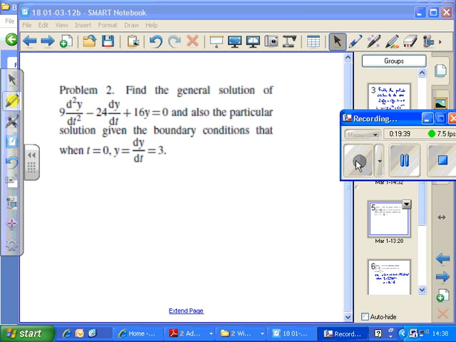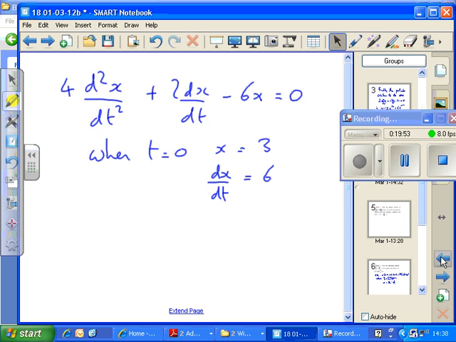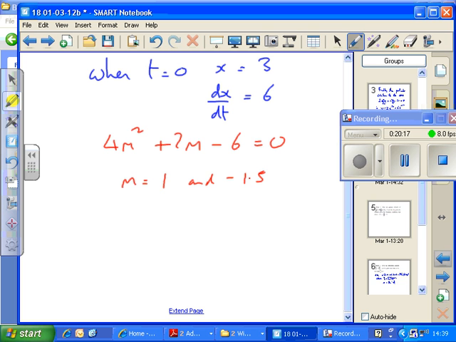Okay, the auxiliary equation, 4m squared plus 2m minus 6 equals 0, which leads to m equals 1 and minus 1.5, leading to the general solution.